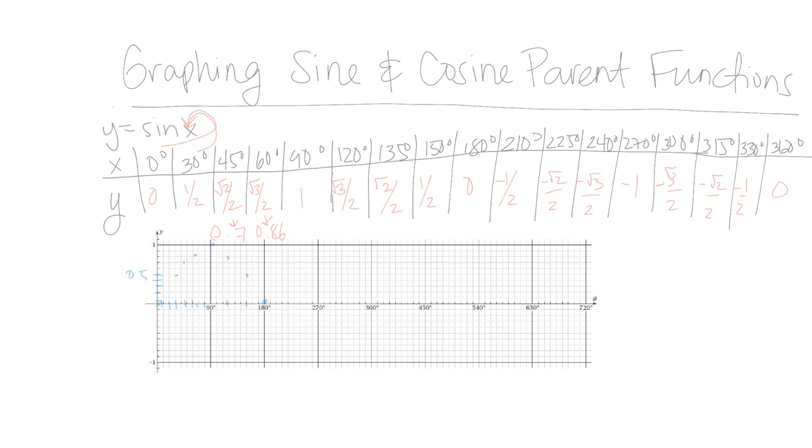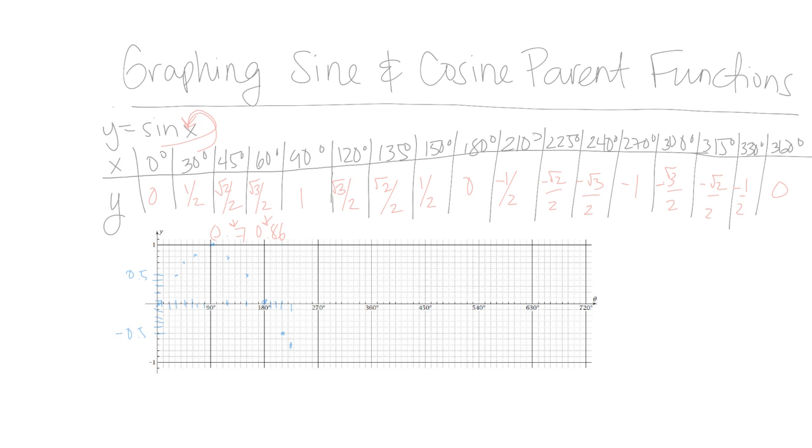Okay, and now at 210, which is around here, we're at negative 1/2 or negative 0.5. So 1, 2, 3, 4, 5. So this is negative 0.5. At 210, we're here. Okay, and then again, you have those other points. So it'll be like negative 0.7, which is around here-ish.